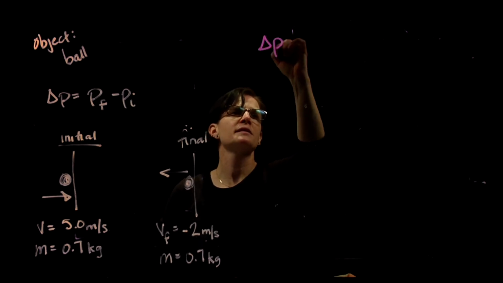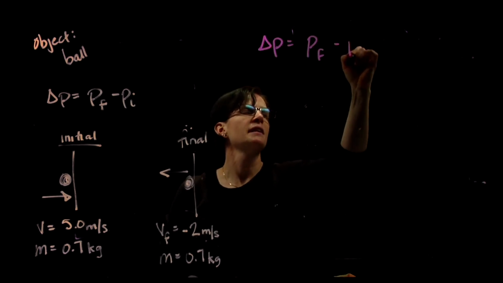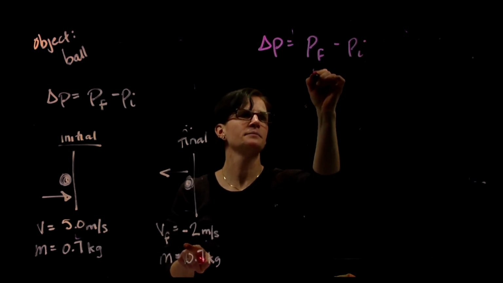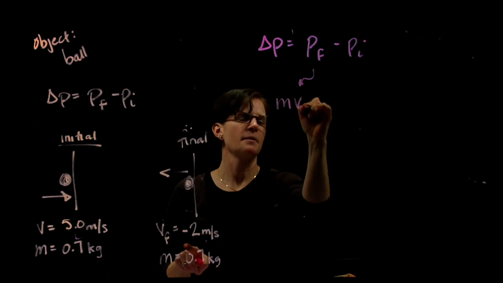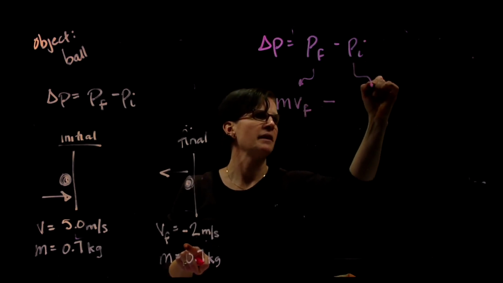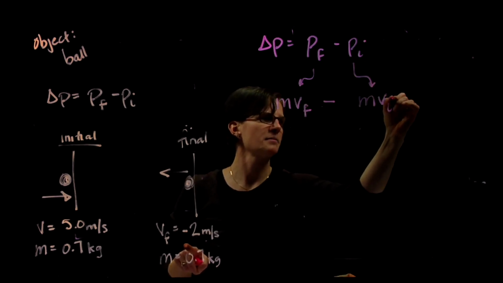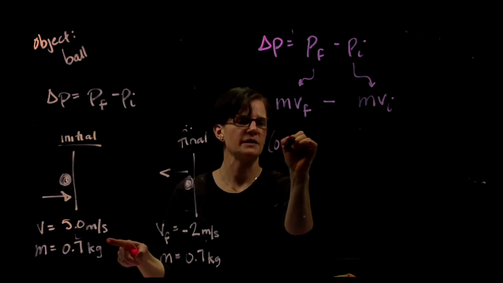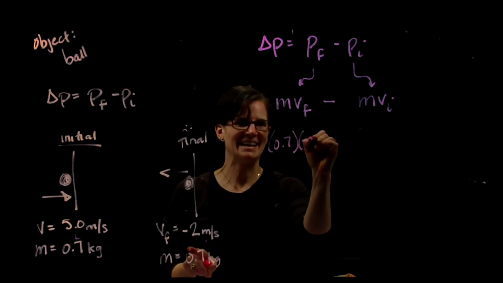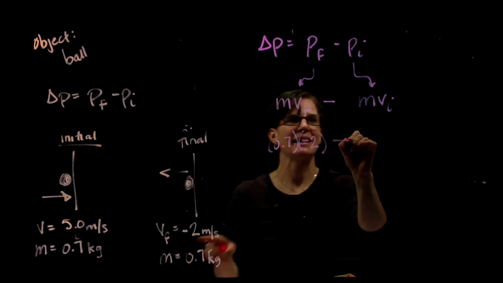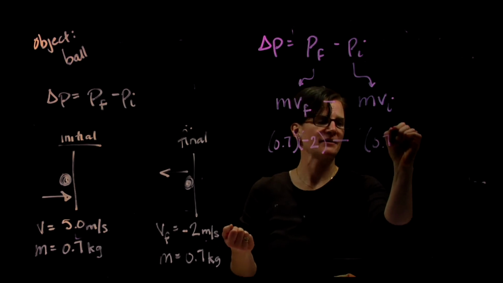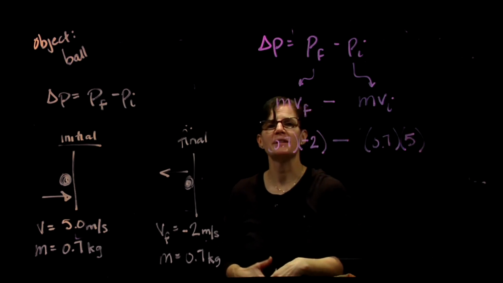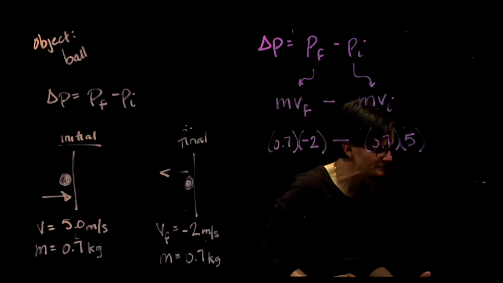Well, impulse is the change in momentum. My final momentum is my mass times my final velocity. My initial momentum is my mass times my initial velocity. My final momentum is 0.7 times negative 2. My initial momentum is 0.7 times 5. So what is my change in momentum?